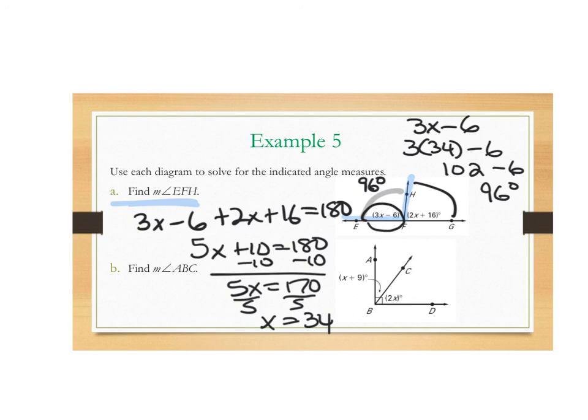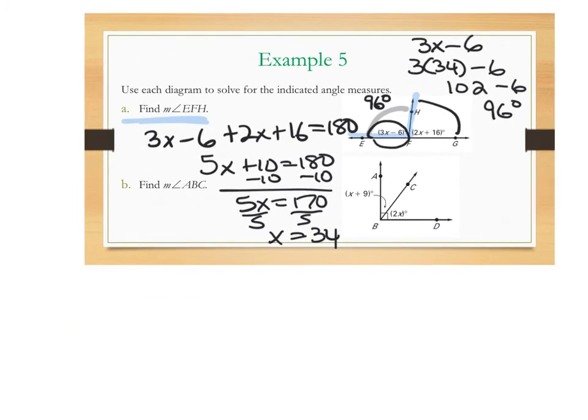The second part, part B. This one is asking me to find the measure of ABC. Notice I've got the little box here indicating that together those form a right angle. So I know these are complements. So to find the measure of that little angle, I need to find x first.